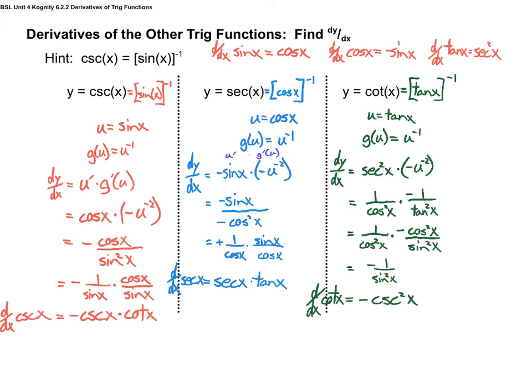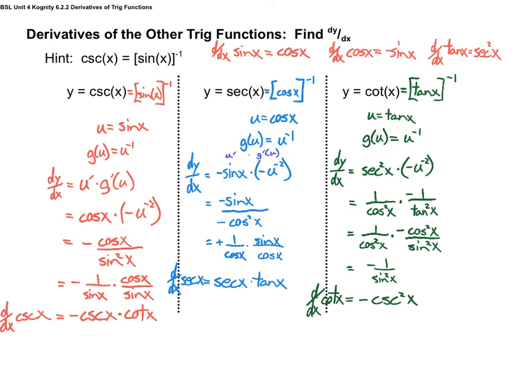Both tangent and cotangent have something squared. Okay, there's something we could see. Tangent and cotangent both have something squared.